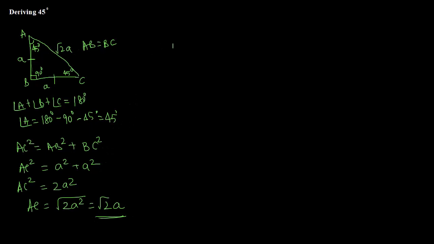Now we should be able to write sine 45 and cos 45. Sine 45 is opposite by hypotenuse. You can consider any of those angles, the value is still going to be the same. I am going to consider angle C as my theta, 45. Opposite is AB and BC will be my adjacent. This will be my hypotenuse. So opposite, which is a, divided by hypotenuse root 2a.